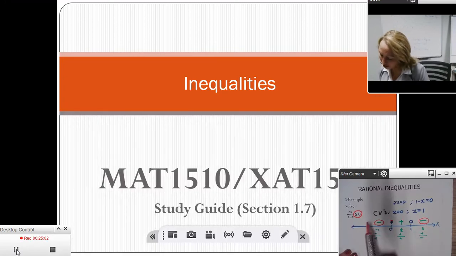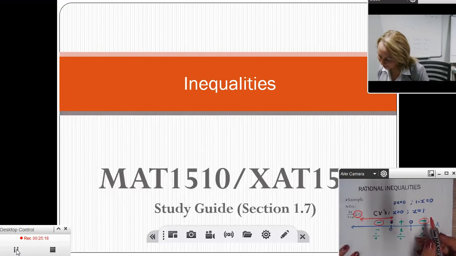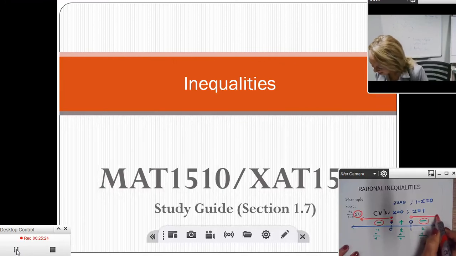So how do I show what I've indicated here in red as my solution? All right, so my solution will be from x equal to 0 towards the left of the number line, towards the negative side, and then it says for the negatives, x can also be greater than 1.